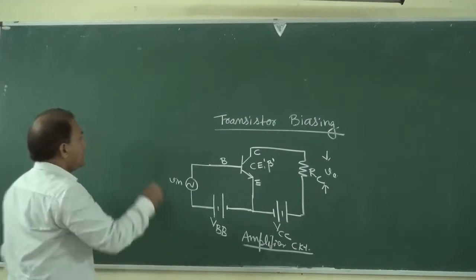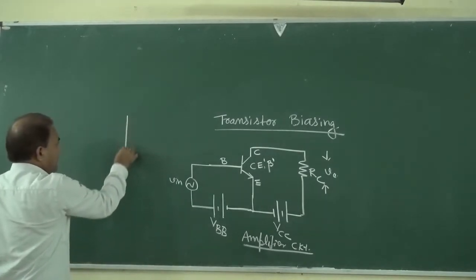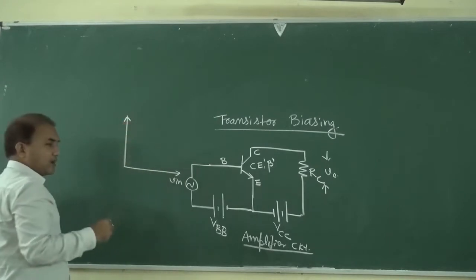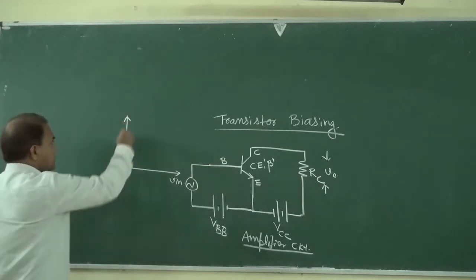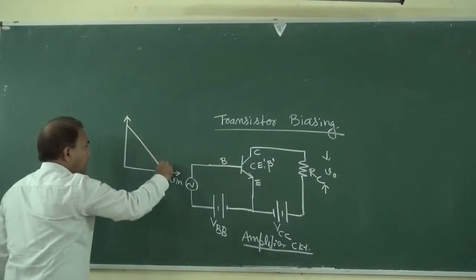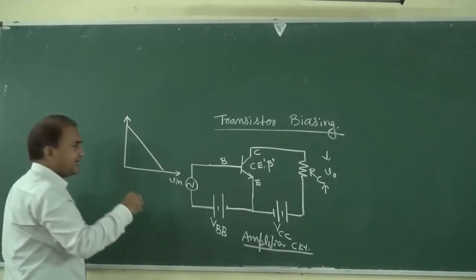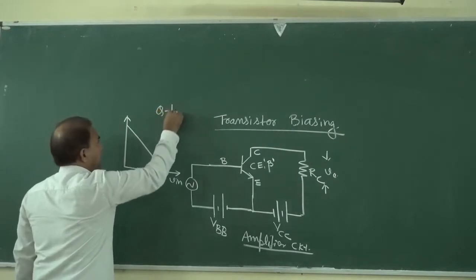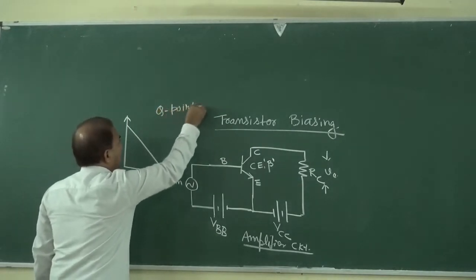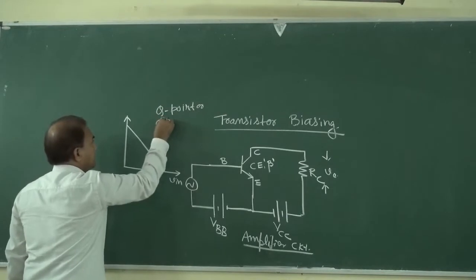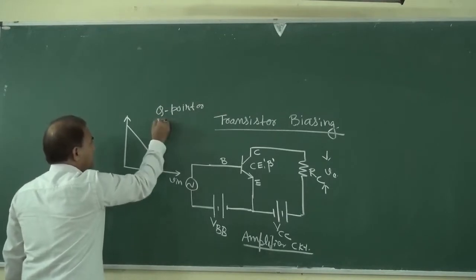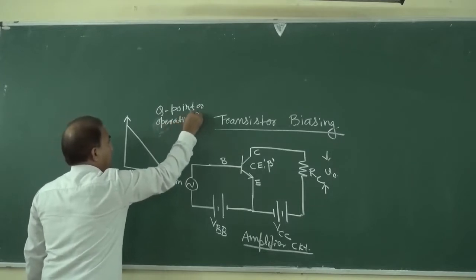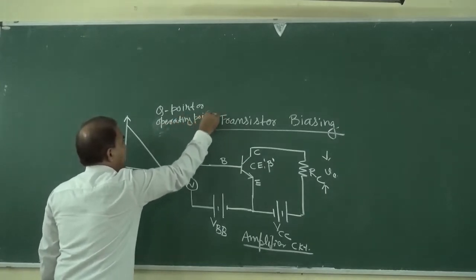Now if we see the operating point. In order to determine the operating point of this BJT, we have to determine its Q point or quiescent point. How can it be determined?